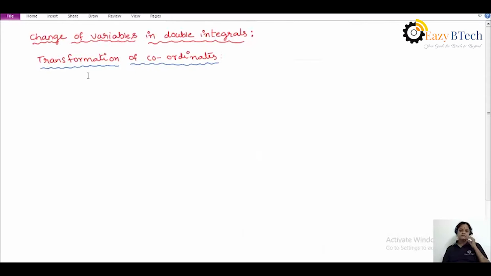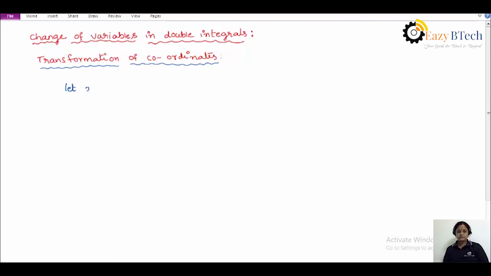The next topic is change of variables in double integrals. Change of variables in double integrals. Then transformation of coordinates: how we are changing from one variable coordinates to another variable coordinates.